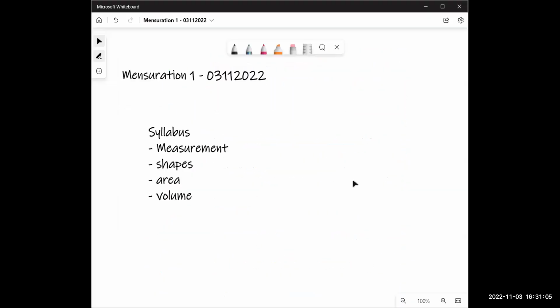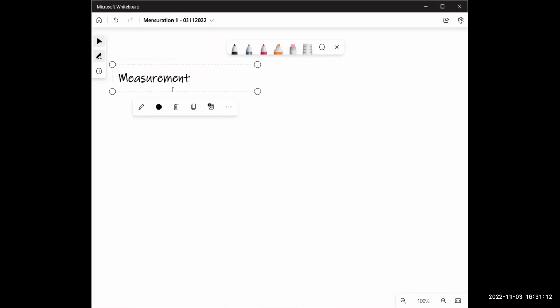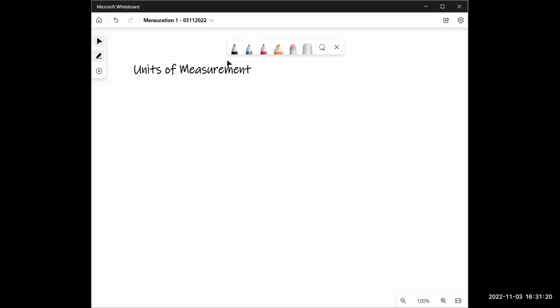Fine, let's do that. Now the first thing we're looking at is measurement, or rather units of measurement. Now there are a few of these. There's km or meters. Let's start with length first.